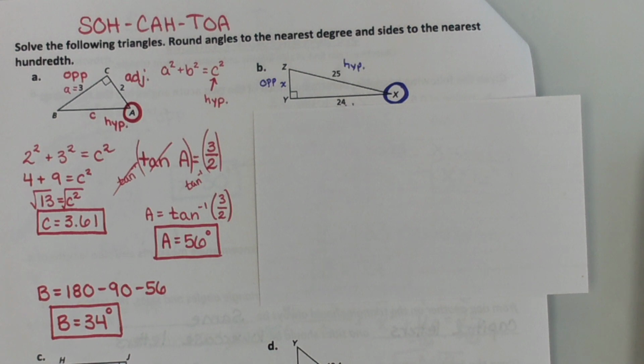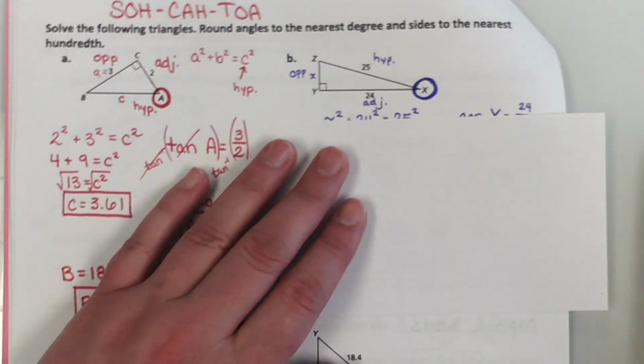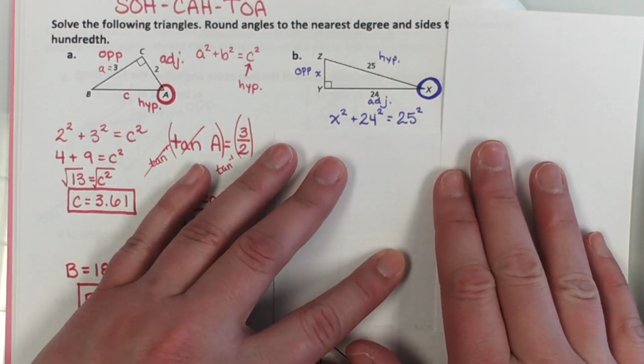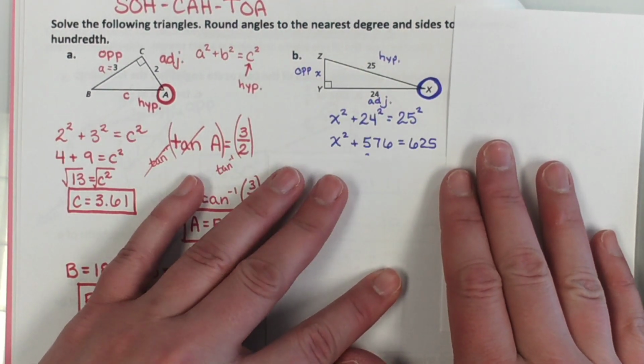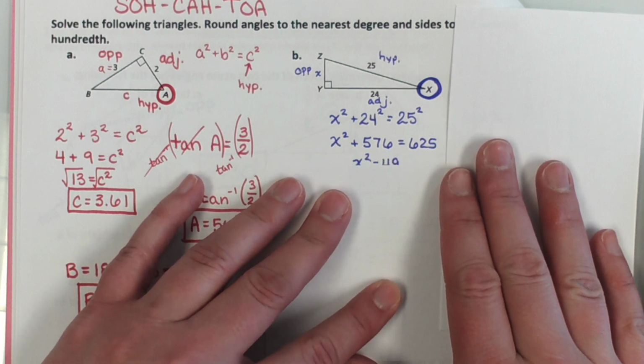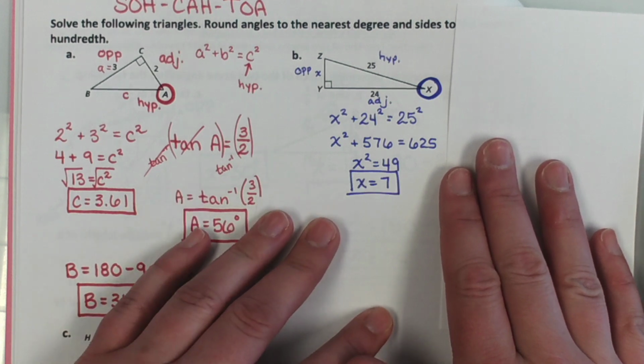I square them. What comes next? Subtract the 576. You get x squared is 49. To get rid of the squared, you take the square root. x is 7.